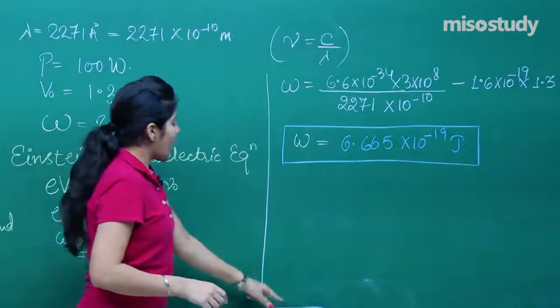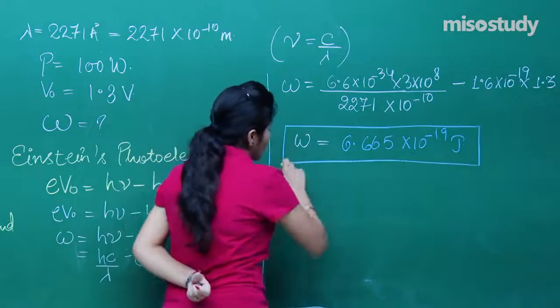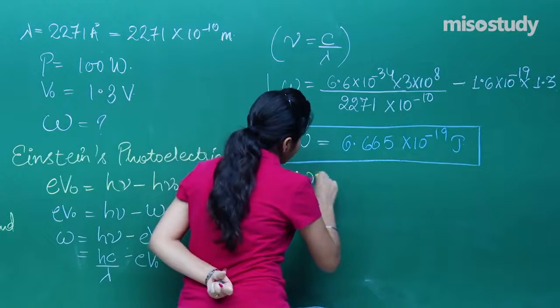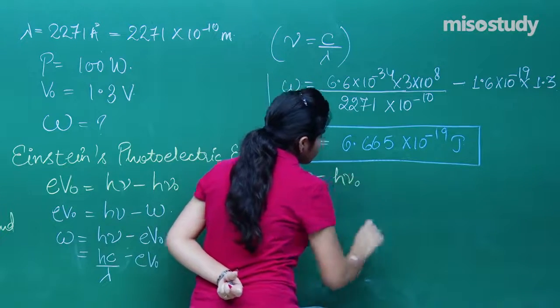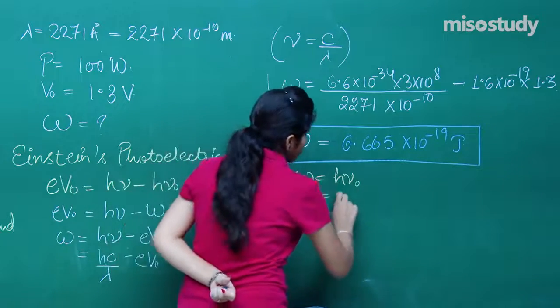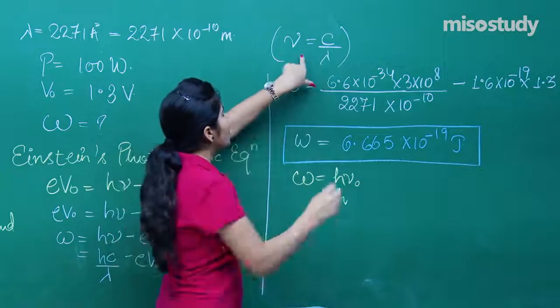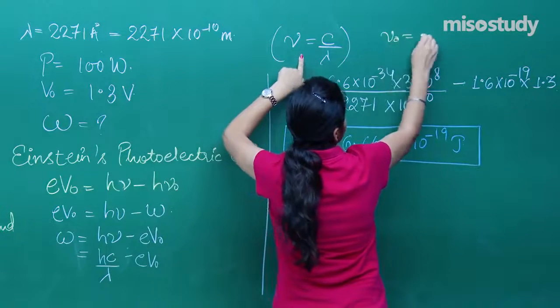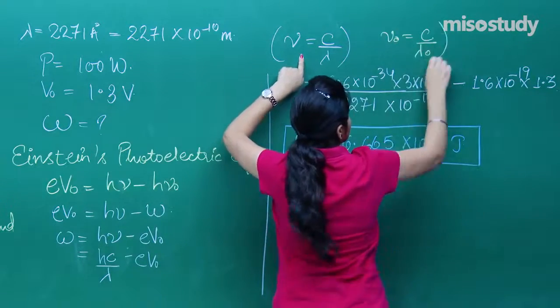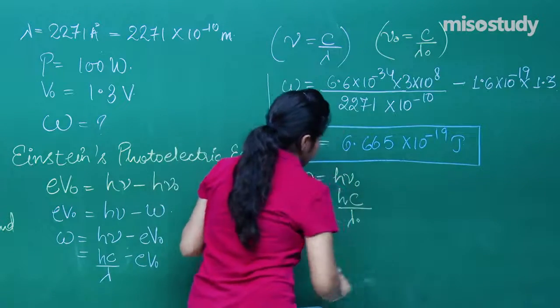We have the work function as this. How can we write the work function? Work function can be written as h into nu naught. Now, nu naught can again be written as c upon lambda naught, since nu equals c by lambda.